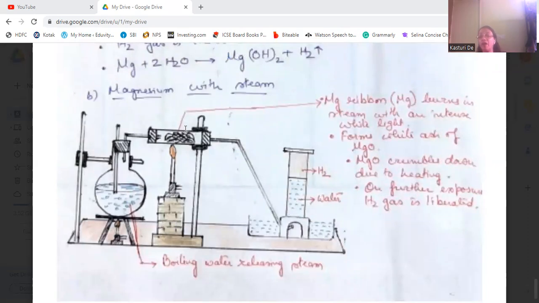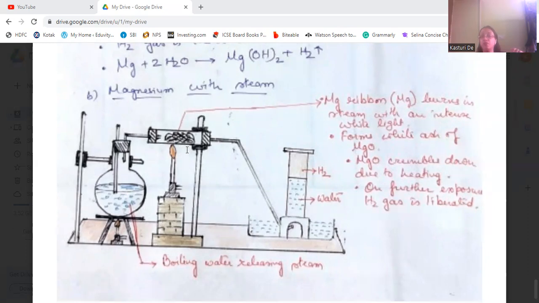This will make the magnesium ribbon crumble down, it will burn with intense white light and turn into white ash. Magnesium oxide will be formed with further heating. When it is heated from below, it will crumble down, and it will liberate hydrogen gas when it is exposed to more steam.